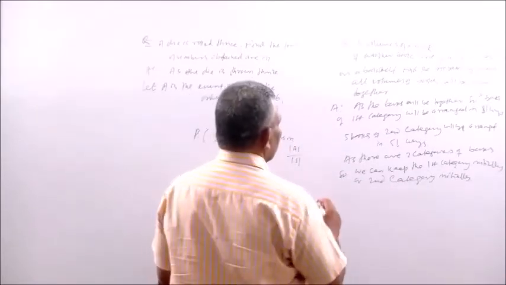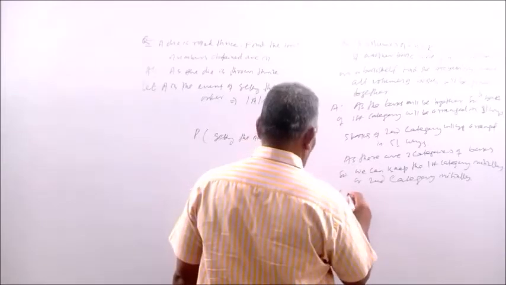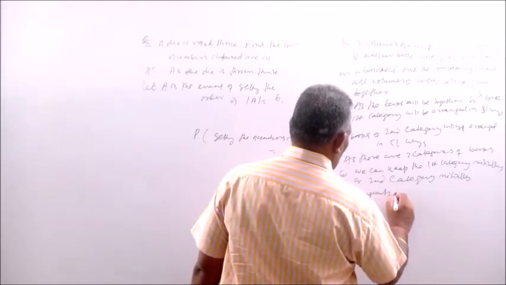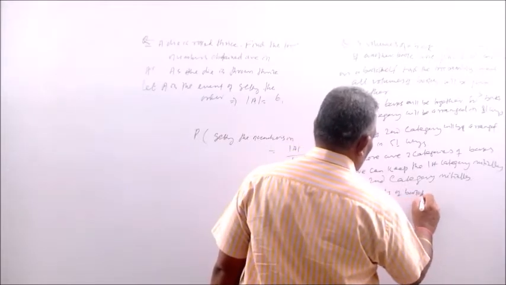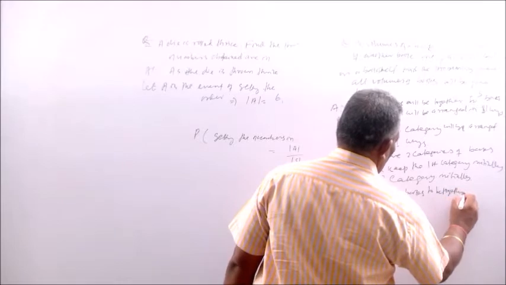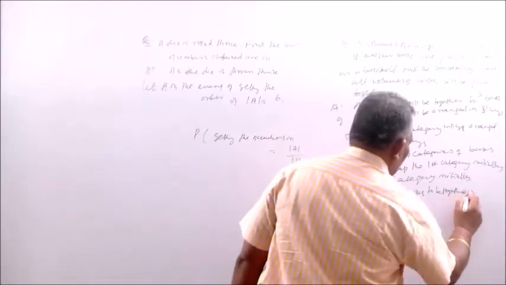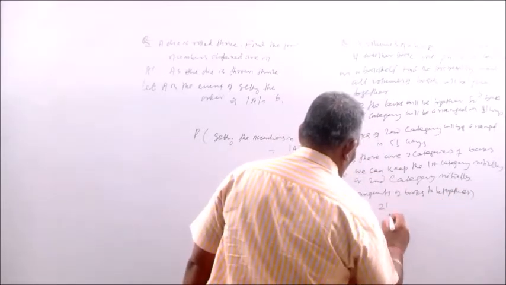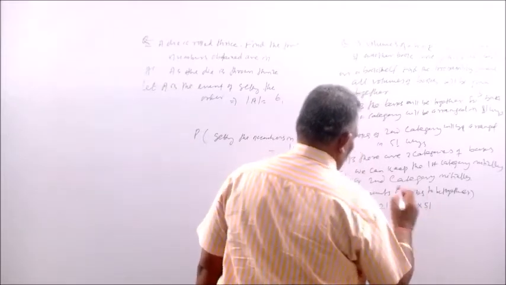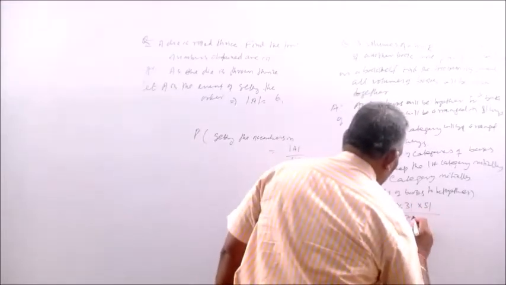So the probability of arrangements of books to be together equals 2 factorial into 3 factorial into 5 factorial, whole divided by 8 factorial.